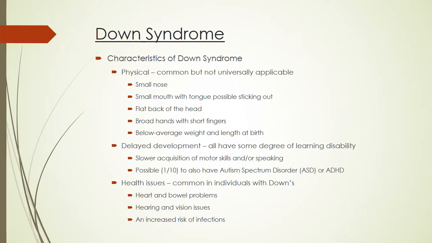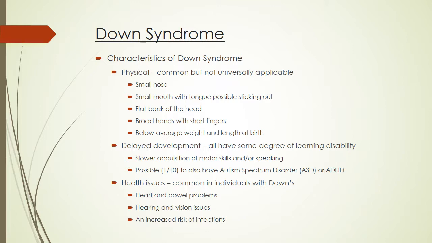There is a delayed development to some degree in every individual with Down syndrome, maybe a slower acquisition of motor skills or speaking, and 1 out of 10 individuals with Down syndrome may also have an autism spectrum disorder or attention deficit hyperactivity disorder, more commonly known as ADHD.